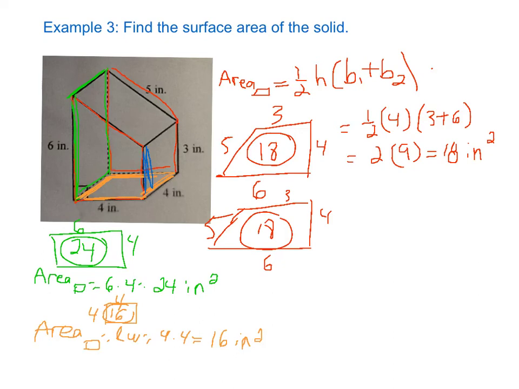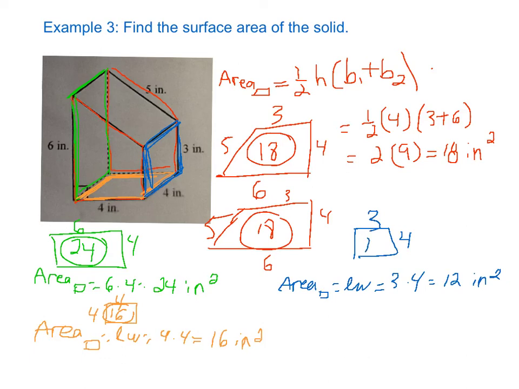We have this particular rectangular face in blue here. So if we were to find the area of that one, again, that's length times width, so that's 3 times 4, and that gives us 12 inches squared. So we've got another lateral surface that's 4 by 3, and that gives us 12.